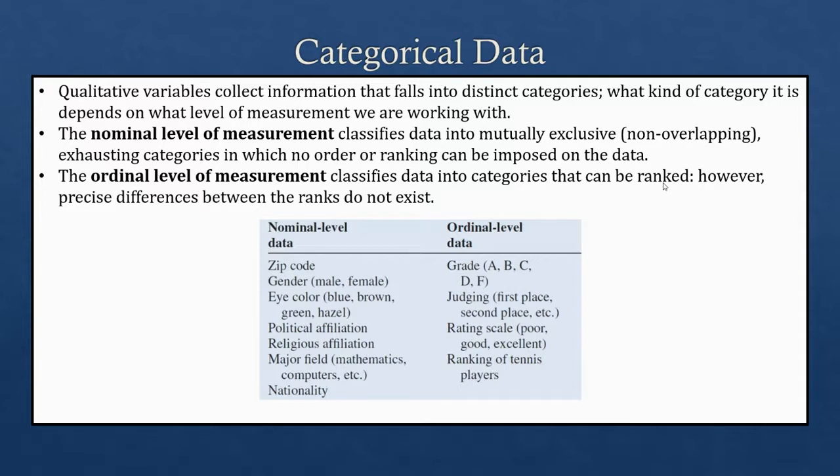But for ordinal data, now I'm still picking a category that I fall into, whether it's by preference or just natural placement. I'm still choosing a category, but now there is some kind of order. It's not always necessarily better or worse, but there is some kind of order to these categories.